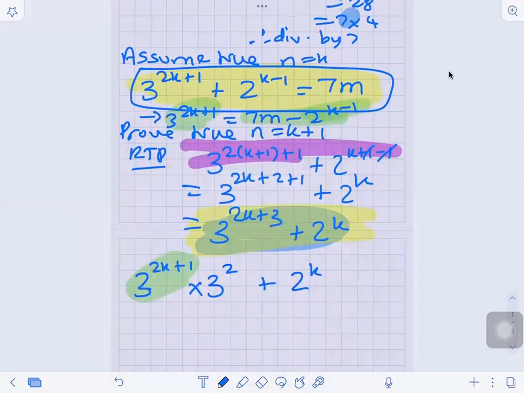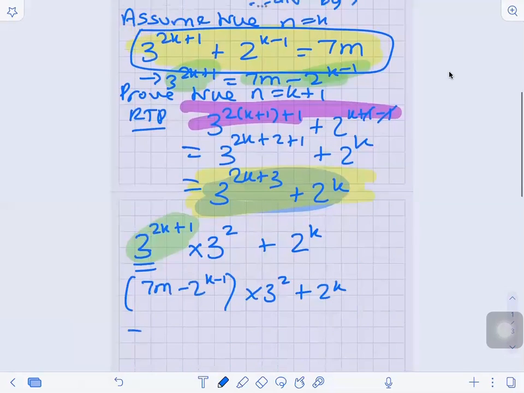Okay, so the next step is we sub in 7m minus 2 to the k minus 1 for the 3 to the 2k plus 1, times 3 squared, plus 2 to the k. That's 7m minus 2 to the k minus 1, times 9, plus 2 to the k.